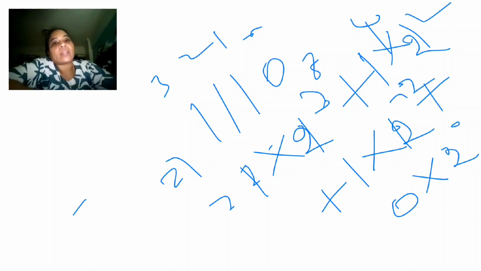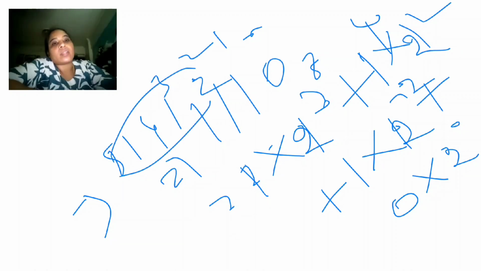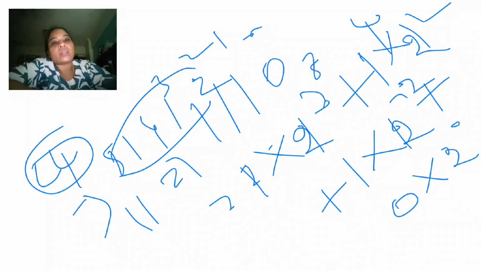So now we calculate this value. 8 plus 4 plus 2, 10, 10 plus 4, answer is 14. So the binary value of 1110, the decimal value is 14.